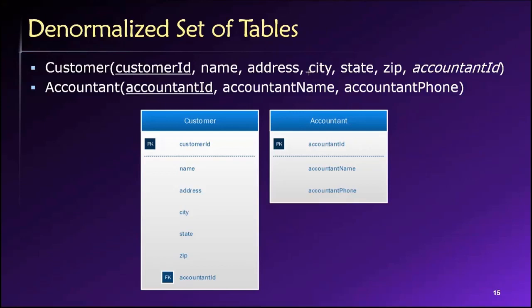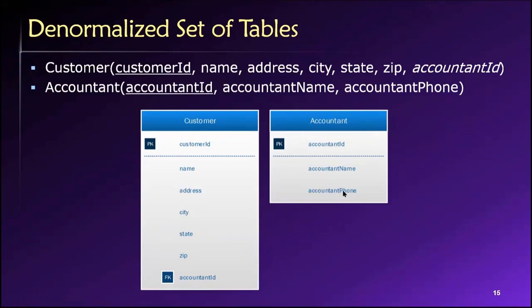Let's say that I have 1 million customers and maybe 100,000 of them live in Los Angeles. With this kind of design, I have to store the text for Los Angeles and the text for California 100,000 times in my database. So it's going to take up extra storage space, because I'm storing the words California 100,000 times and the words Los Angeles 100,000 times.